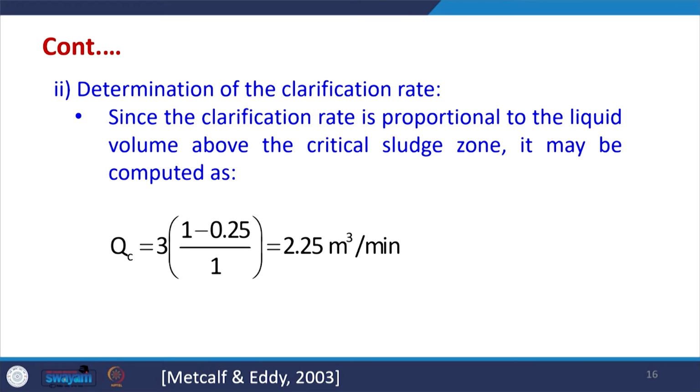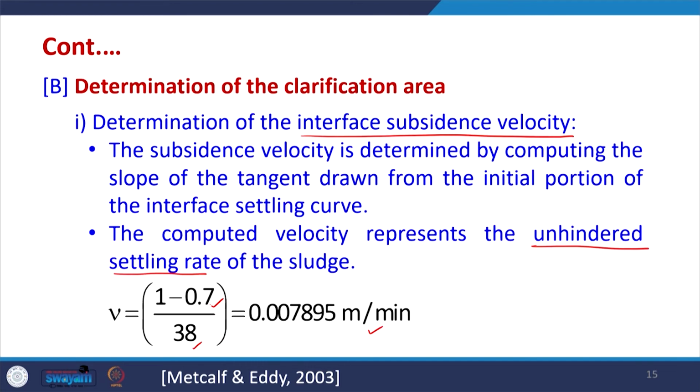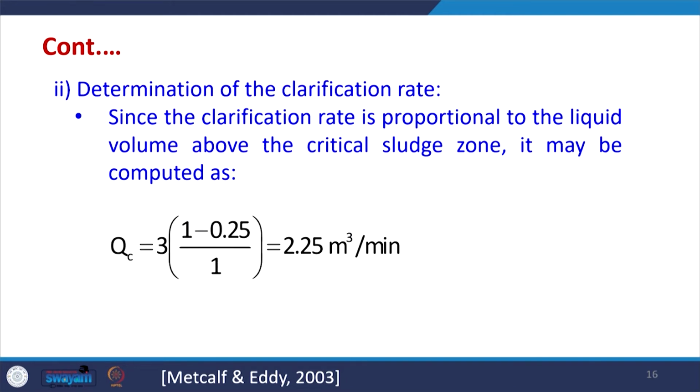Since the clarification rate is directly proportional to the liquid volume above the critical zone, it may be computed using this equation. We have only taken up to a certain height, and from flow rate etc., we can compute this QC value, and from this calculation we get 2.25 meter cube per minute for QC.